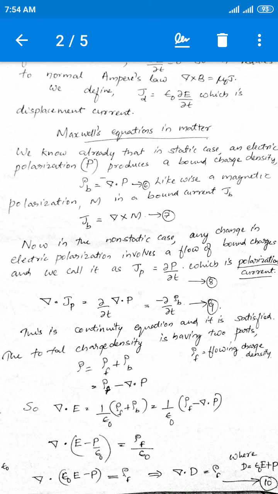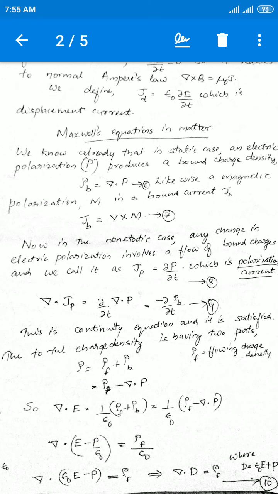If the charges are not moving, the charge density is rho B. If they are moving, the charge density is rho F. So we have to add these to get the total charge density. So rho F plus rho B is equal to rho F minus del dot P, which comes from equation 6. Now del dot E, instead of rho we can write rho F plus rho B divided by epsilon 0, substituting rho F minus del dot P by epsilon 0.